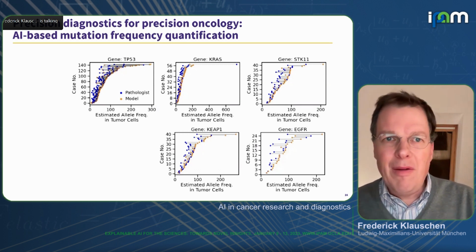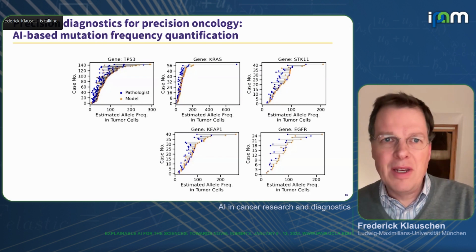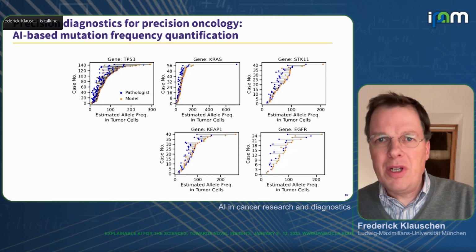And here you see the sequencing results of a handful of cancer-related genes, which are important also for clinical decision making. And you can see here that when you normalize the tissue content, the tumor tissue content, you can get much better allele frequency estimations.